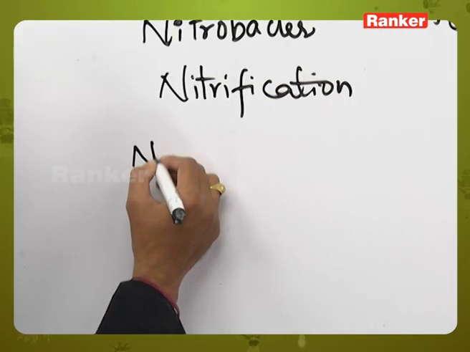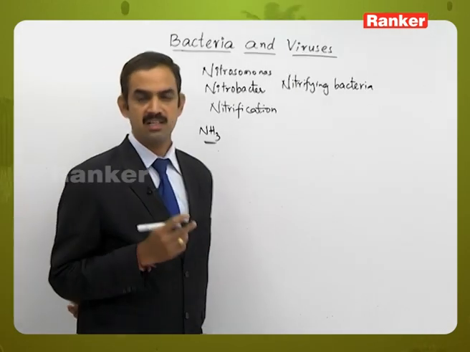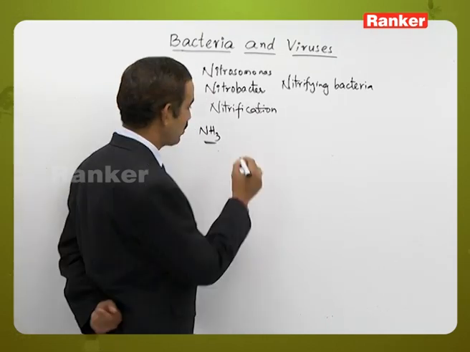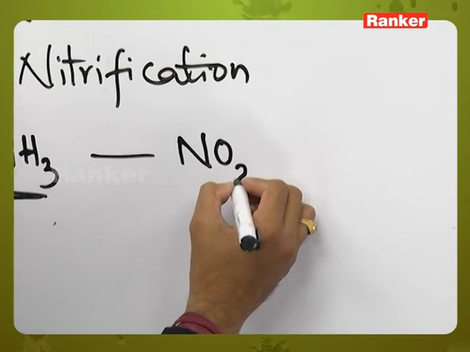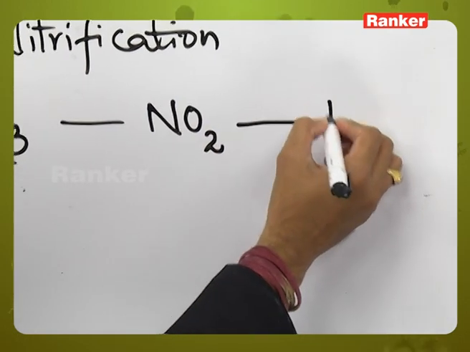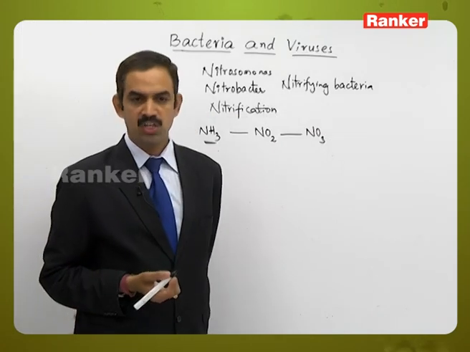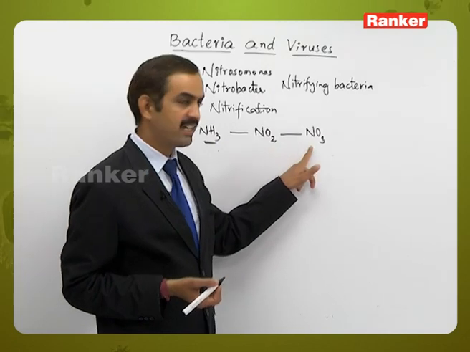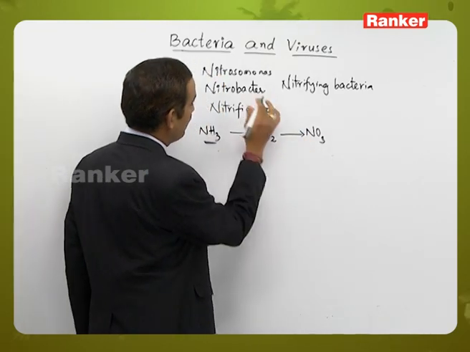And after ammonification, whatever ammonia is there in that organism has to be converted into nitrite and then into the nitrate molecule.